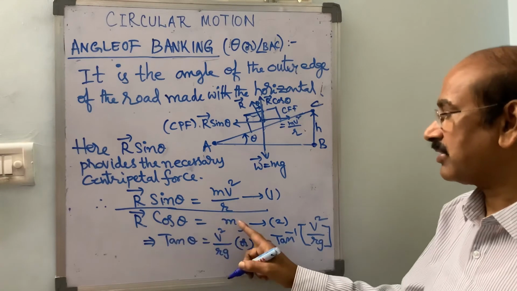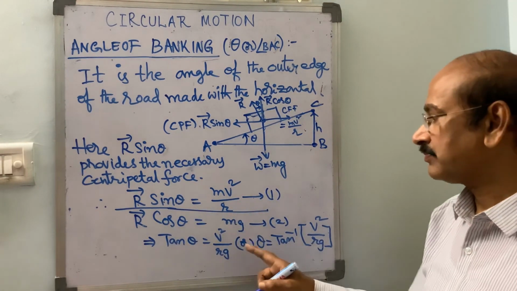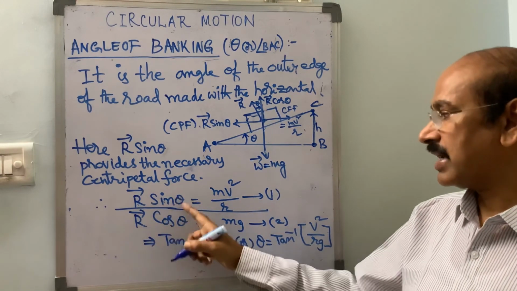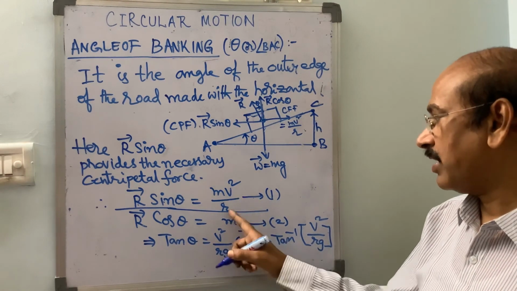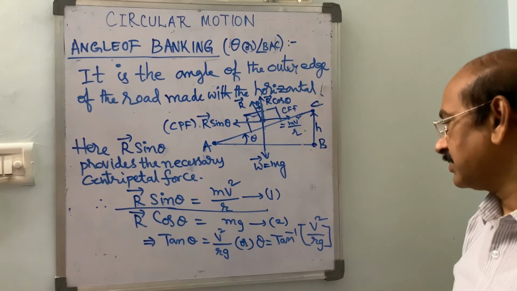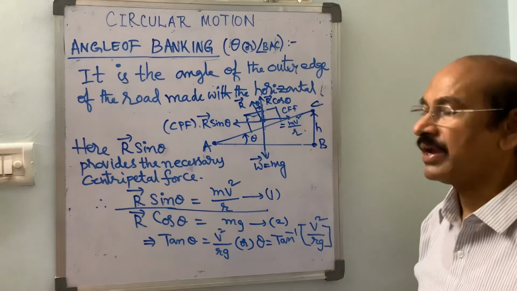Then R cos theta is equal to mg, R sin theta is equal to mv square by R. By dividing these two equations, R gets cancelled, m gets cancelled, tan theta is equal to v square by Rg. Therefore, theta equals tan inverse v square by rg. So this is the expression for angle of banking.